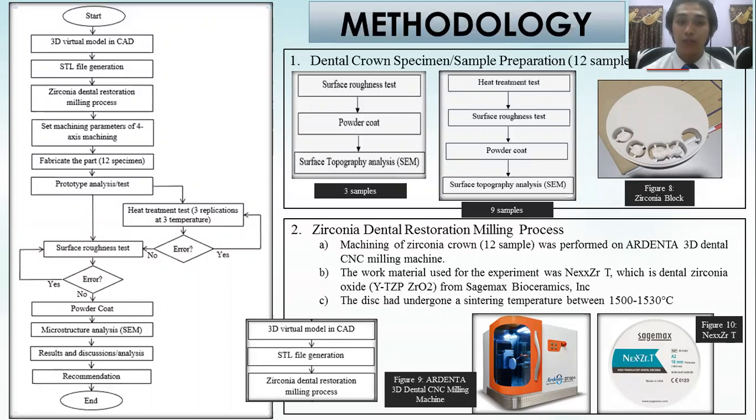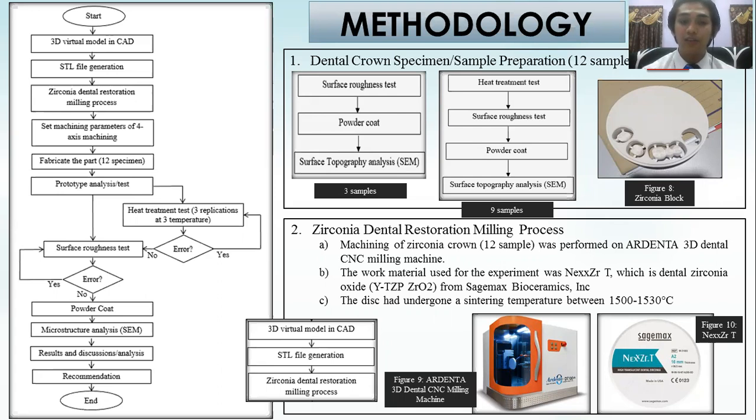Next, we move to the zirconia dental restoration milling process. As you can see in figure 9, this is the Adenta 3D milling machine that we will use during my study to fabricate 12 samples of dental crown restorations. The work material used for this process is NETS ZLT, which we obtained from Sage Matte Bioceramics.